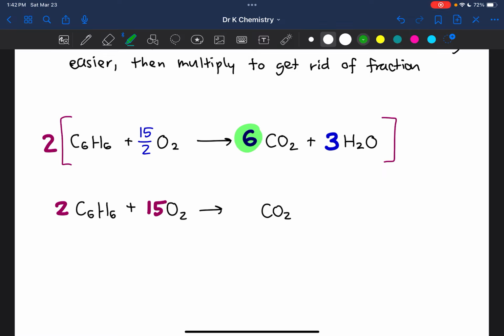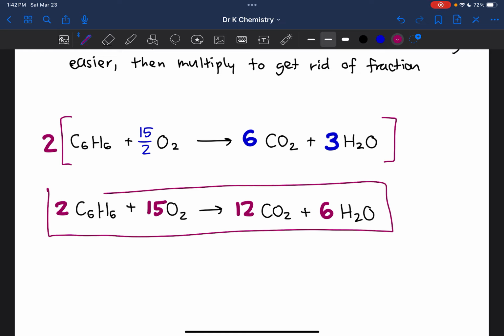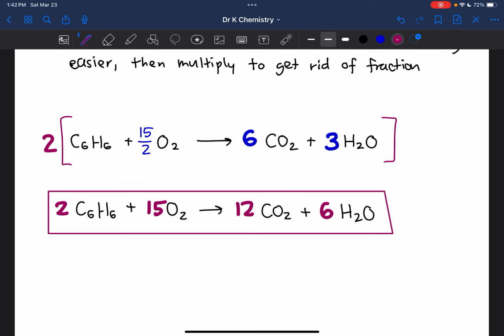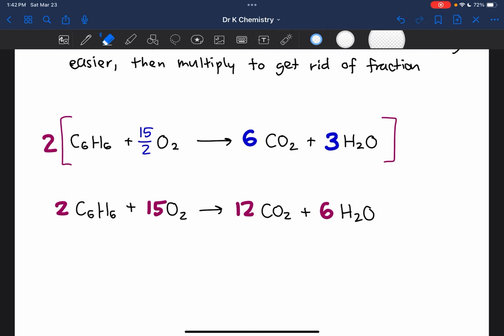And of course, the 6 in the coefficient here also has to get multiplied by 2. So we end up with 12. And then the water has to get multiplied by 2. And we had a coefficient of 3 in the front here. When that gets multiplied by 2, we end up with 6 waters. And this is now the correct balanced chemical equation where everything will check out. And I encourage you to go back and look at each atom individually and prove to yourself that this is the correct balanced chemical equation.